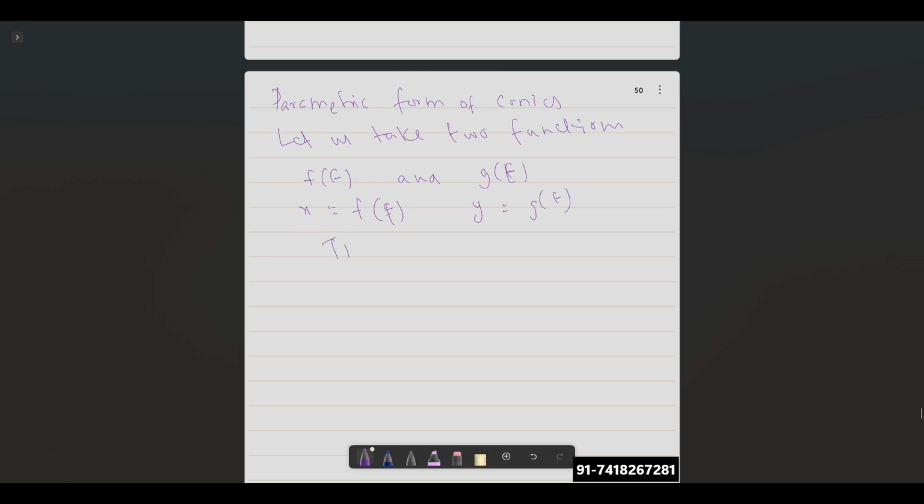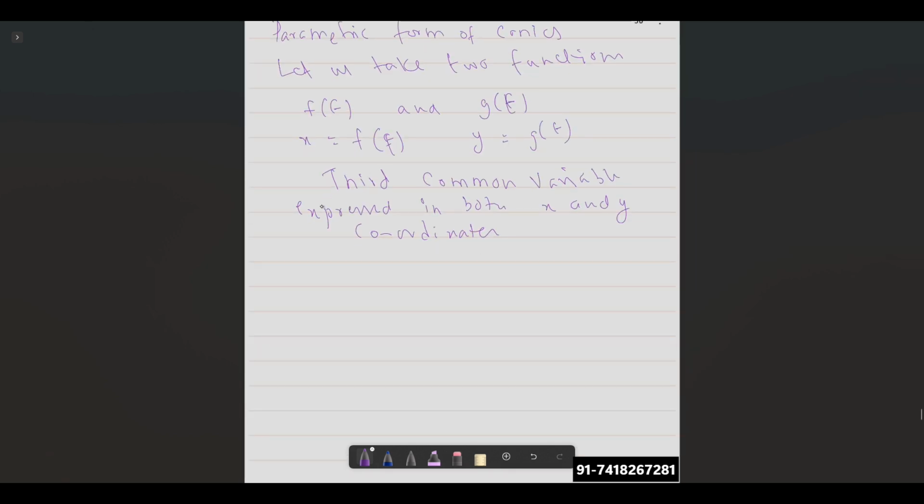So we have a third, common variable expressed in both x and y coordinates. Okay, so usually this is for Cartesian coordinates.